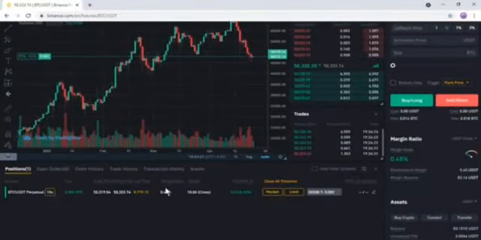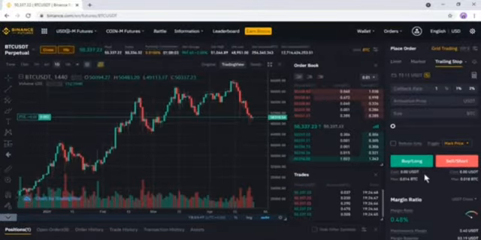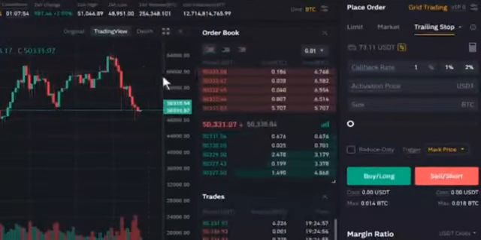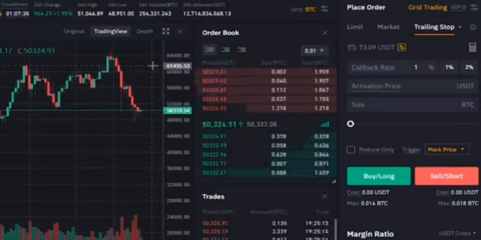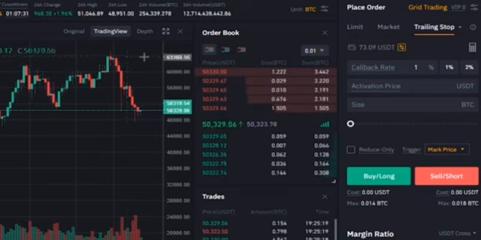Consider you opened a long position on Bitcoin, actually BTC USDT perpetual contract, and you want to set a trailing stop order higher than the current price of the market. Because, for example, the price is in a consolidation period, in a trading range or a pattern, and you believe if the resistance level is broken, the price is going to advance sharply.